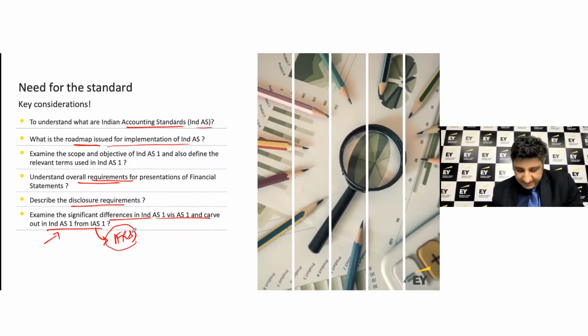Okay, so IAS 1 is essentially international accounting standard. It's a subset of IFRSs only. So we would also want to talk about what are the key differences between what we had under the global framework of IFRS versus, let's say, the Indianized version of the IFRS in the name of Ind AS specifically.